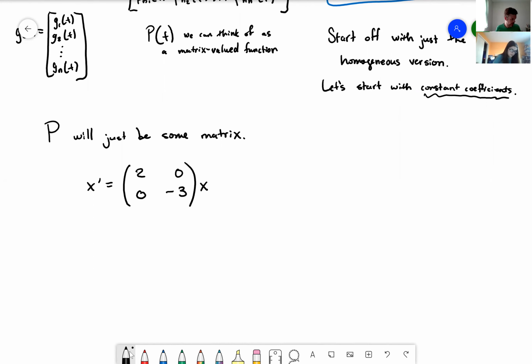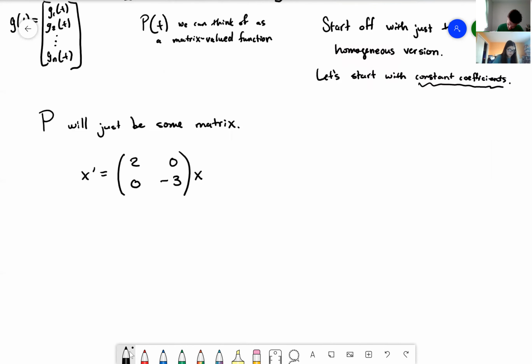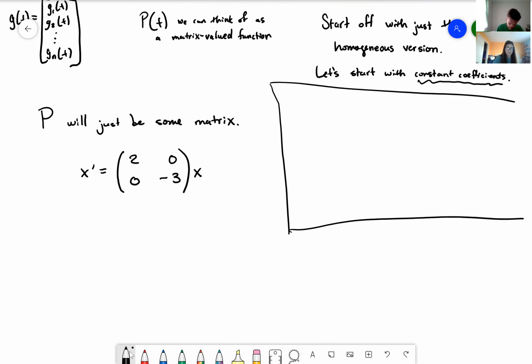Okay. Now, let's take a step back first. So a little aside, a little reminder over here. If we only had one equation in our system, then this was something that we had done before.